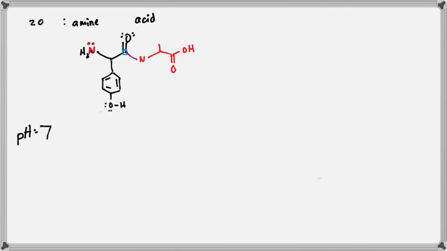Just like if we added acid, we were at a pH of, we'll go with 2. Or if we were a base, we'd be at a pH of 9. That works. Those pH swings change the protonation state of our individual molecules.